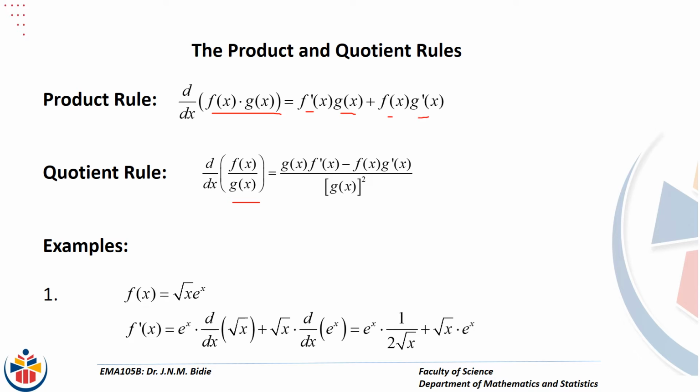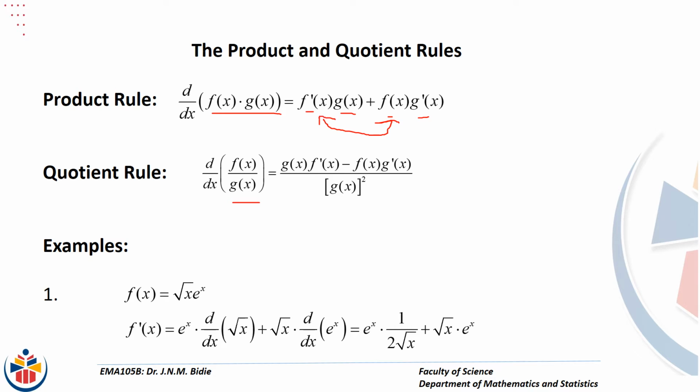So you can interchange. You take down the first function and find the derivative of the second function, plus you take down the second function and multiply that by the derivative of the first. So these two are interchangeable.